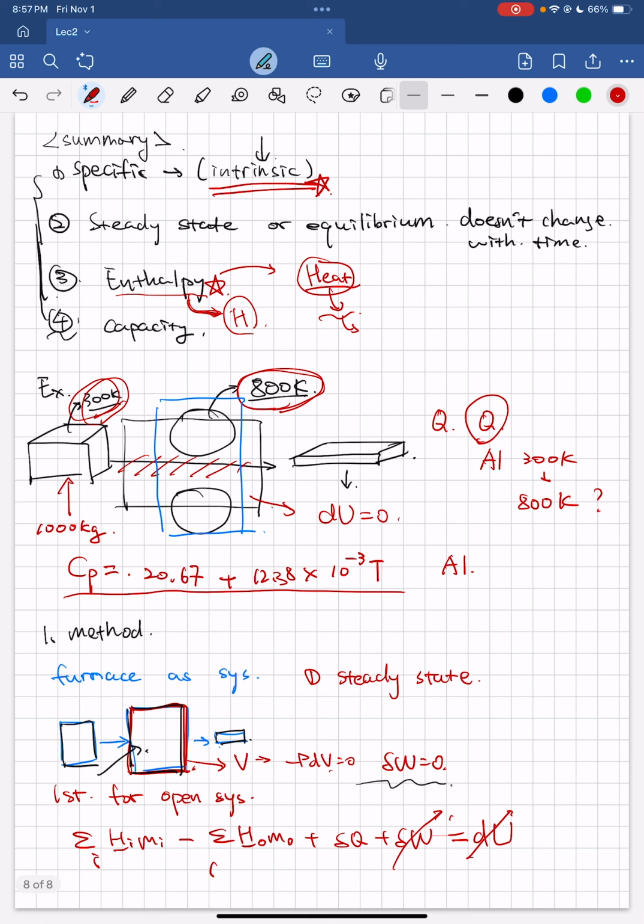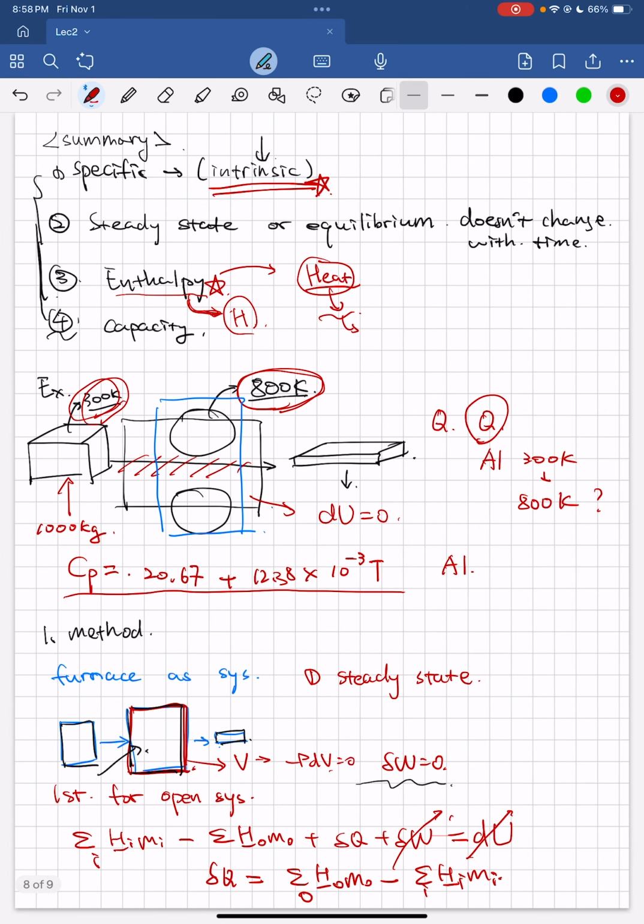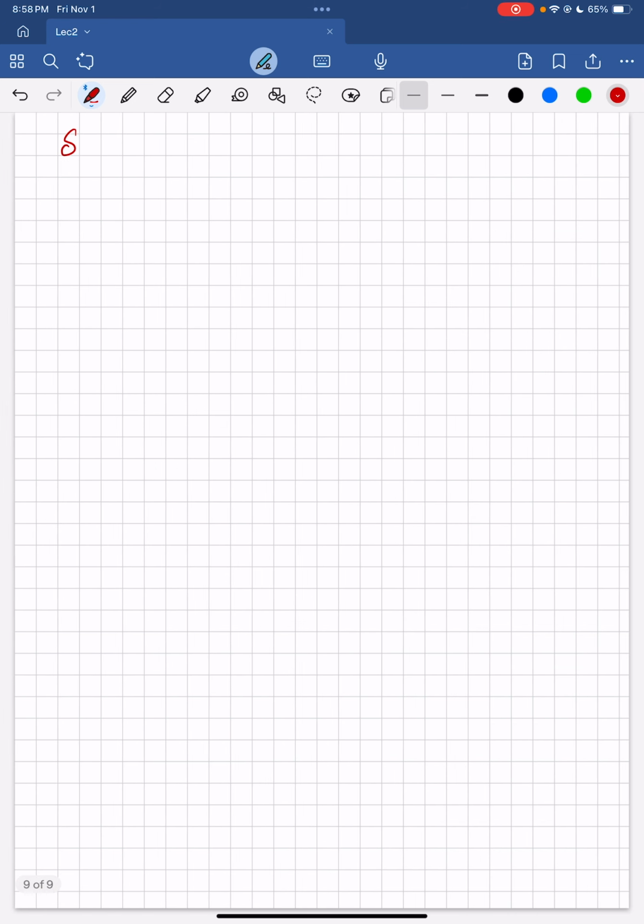So what is the heat change then? It is M out H out minus H in M in, right? Then we can just simply divide both sides by the same mass, because M out and M in equal 1000 kilogram, right?